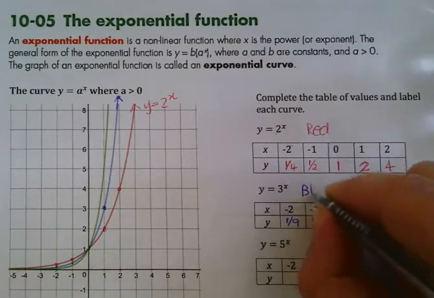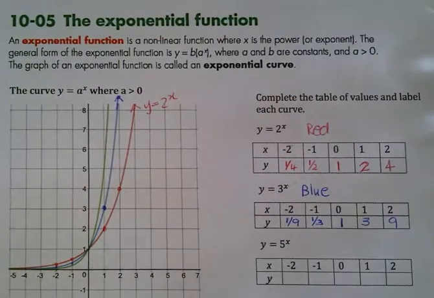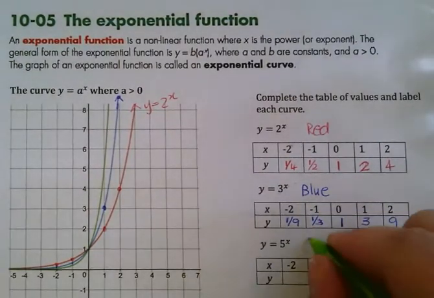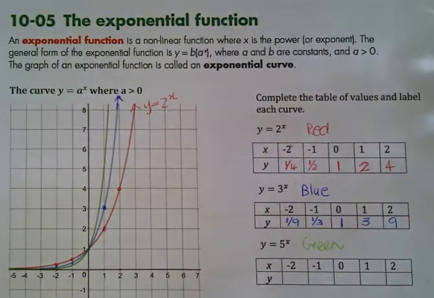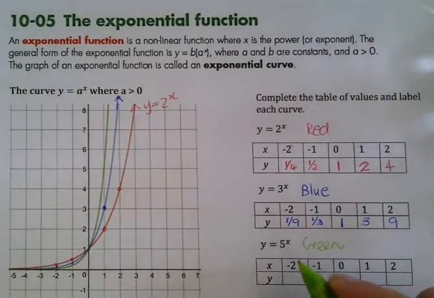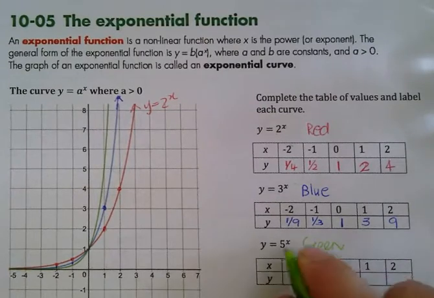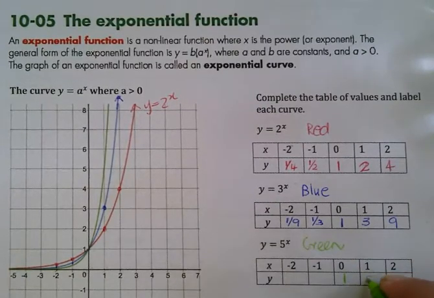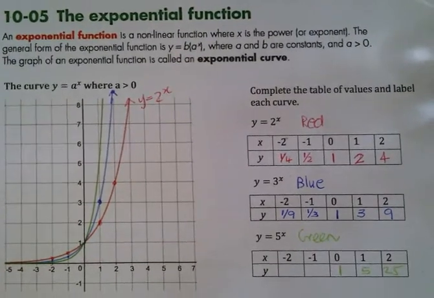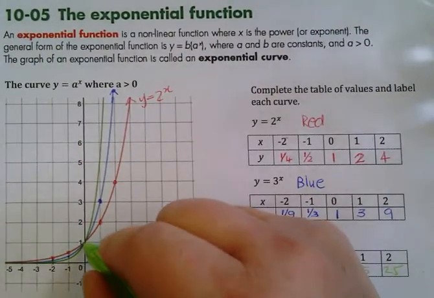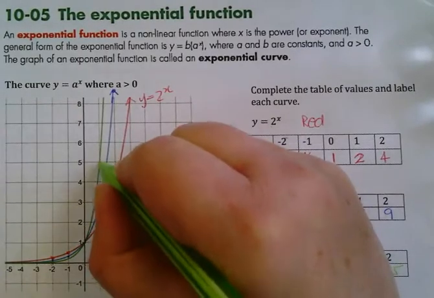So y equals 3 to the power of x is the blue curve, and this one will be the green. Let's have a look. 5 to the power of 0 is 1. What's 5 to the power of 1? 5. 5 squared is 25. Obviously, that point is not going to be on the graph. So 0, 1, 1, 5.